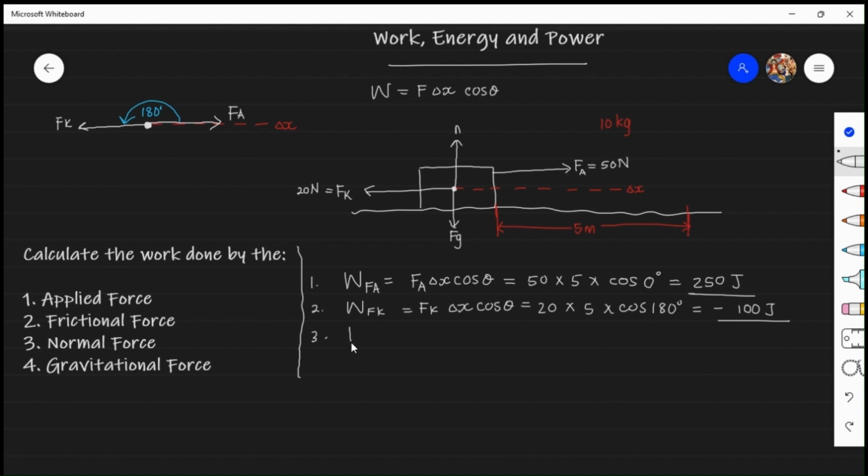Let us calculate the work done by our normal force. Now, something important to take note of about normal force is that our normal force is equal to our gravitational force. So the way we would calculate normal force is by multiplying the mass times the gravitational acceleration.